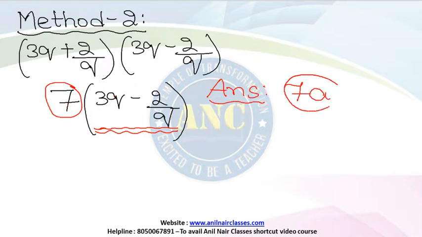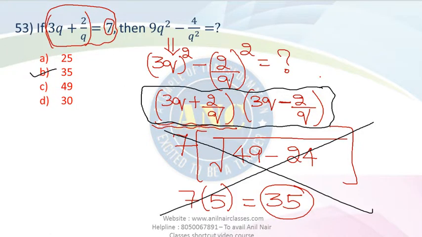Answer should be a multiple of 7. If you observe, the first option is 25. 25 is not a multiple of 7, so you can directly rule it off. Directly first option is ruled out. Fourth option is 30. 30 is not a multiple of 7, ruled out. Answer should be either 35 or 49.